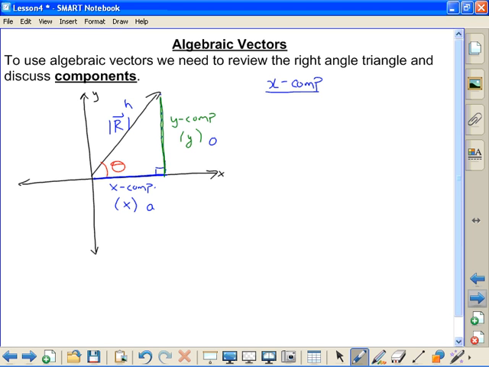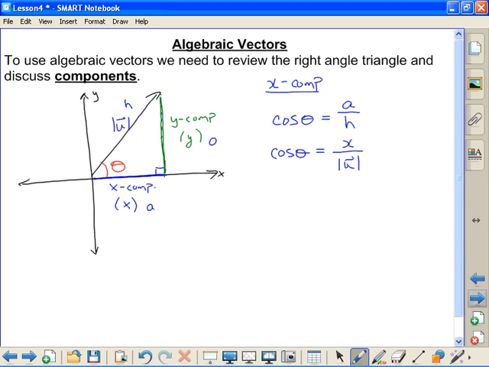So the x component and the resultant, if we mix them together, we find that cos theta equals a over h, or cos theta equals, the adjacent side is just our x value or x component, and the hypotenuse is the magnitude, and I shouldn't really use r, let's just use vector u. It's going to be resultant sometimes, but it may also be just a vector in general.